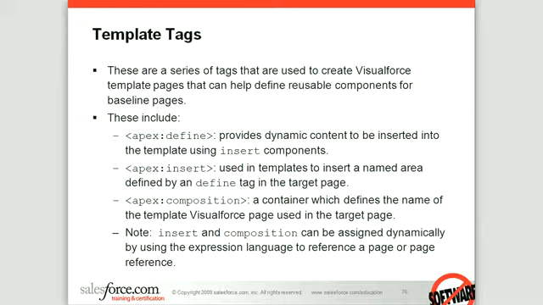So we're going to define the title to be contextual. In one case, the title is about. In another case, the title is careers. In another case, the title is products, whatever it may be. So we're going to use the define tag to define that variable.